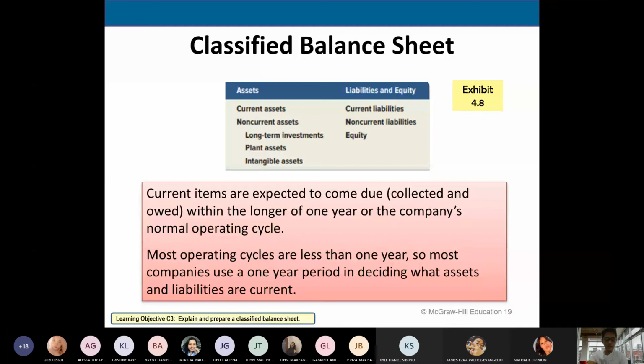But most of the time, ang cash, inventory, and accounts receivable, assuming yung accounts receivable walang sinabing additional information kung saan siya makokolekta, silent lang yung problem, most of the time ang cash, accounts receivable, inventory, prepaid expenses, and other similar items are considered as current assets.